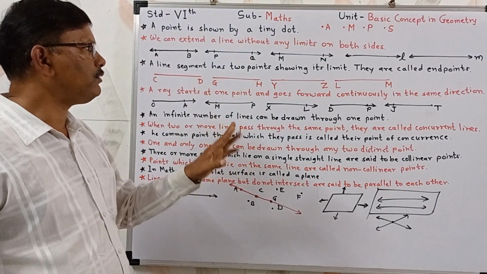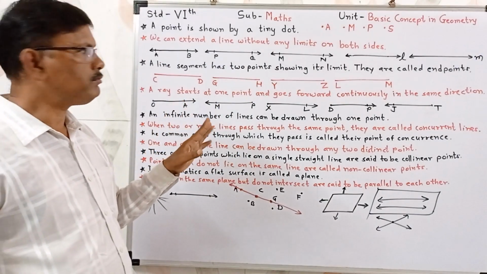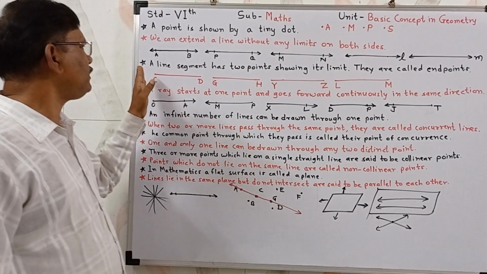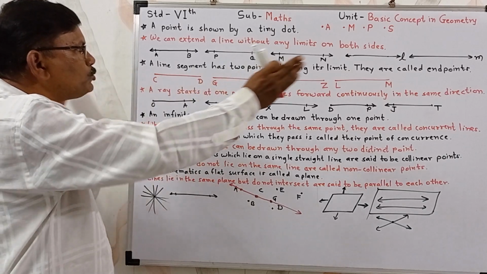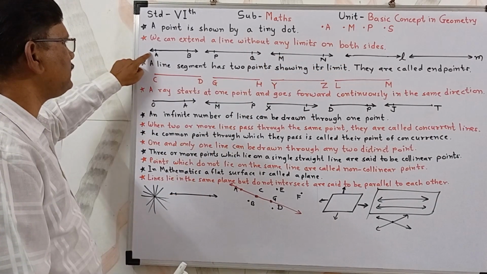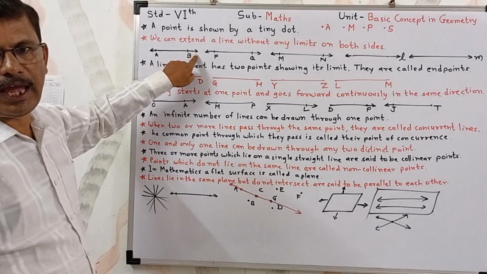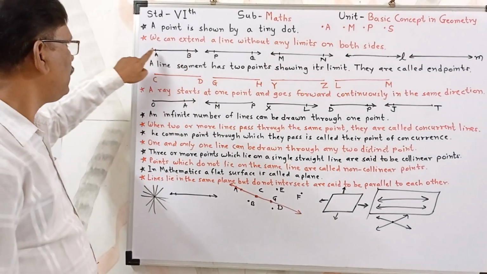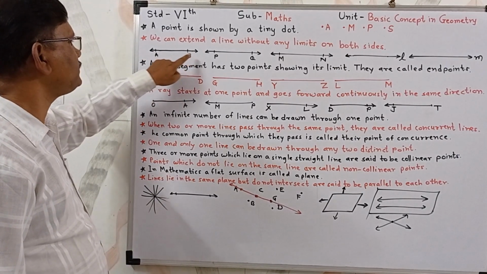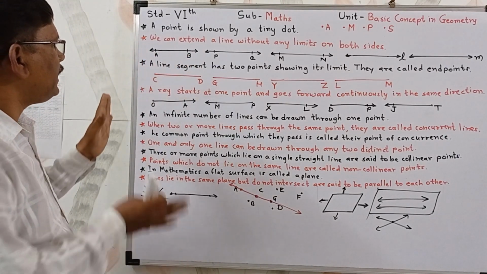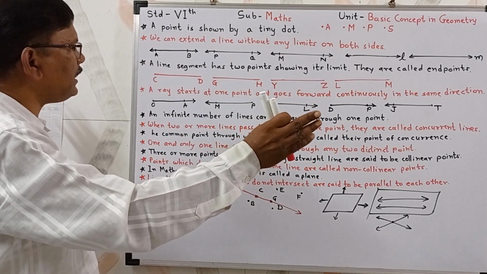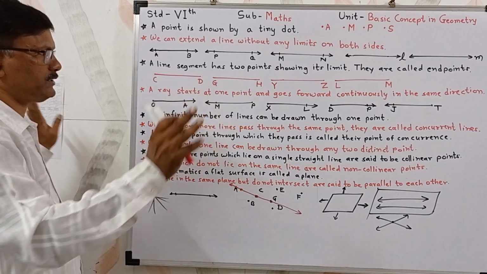The next one, we learned a line, and we know a line extends to both sides, so we show it by arrows on both sides, meaning it extends without any limit on both sides.